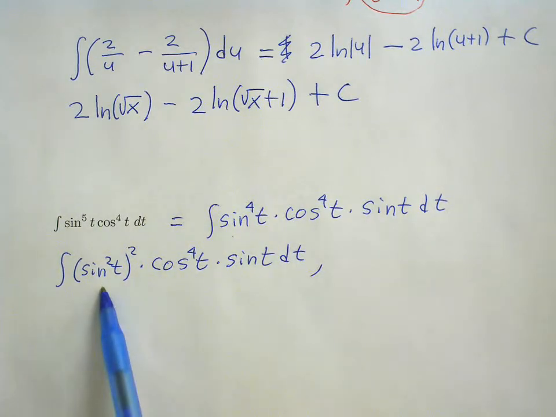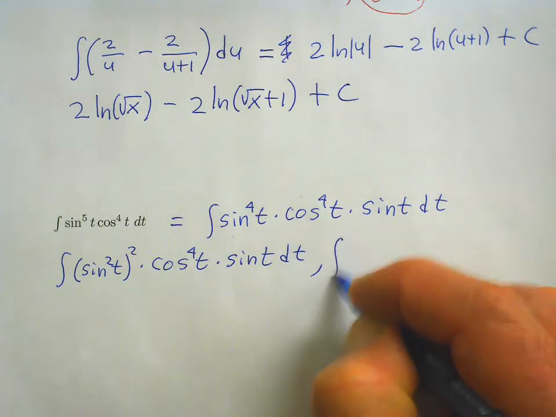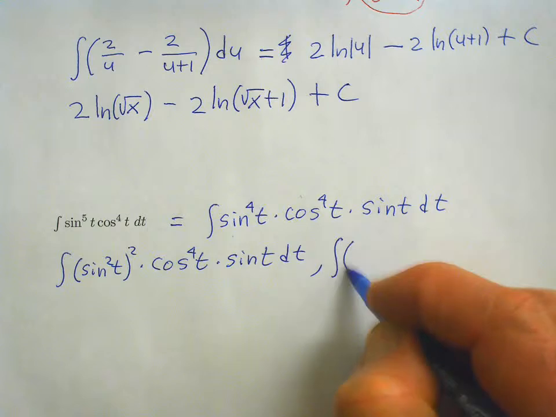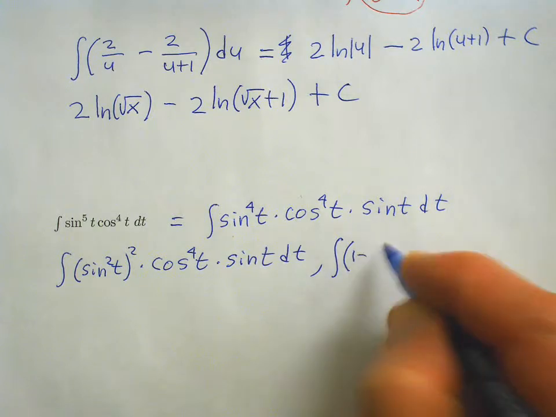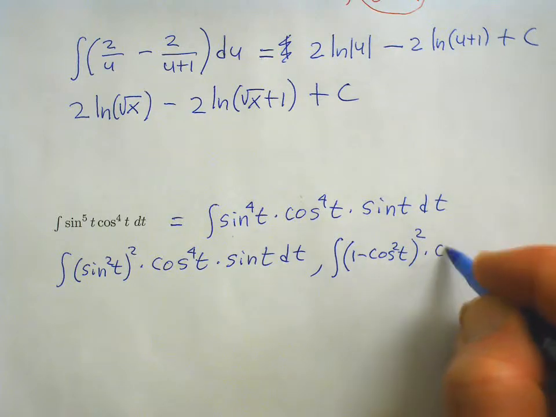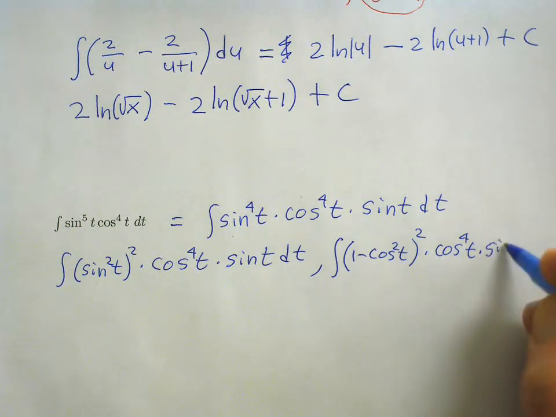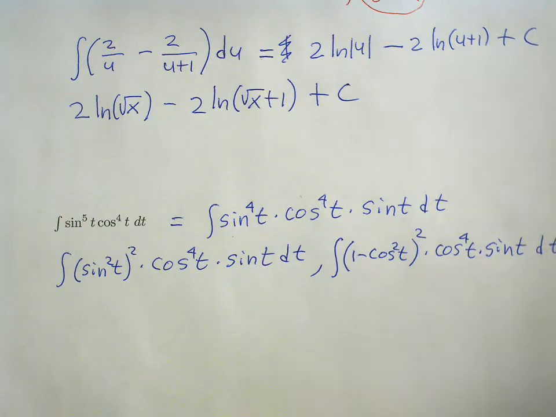And sine of t to the 2nd is 1 minus cosine of t to the 2nd. So we'll replace sine of t to the 2nd with 1 minus cosine of t to the 2nd, quantity squared, times cosine of t to the fourth times sine of t dt.